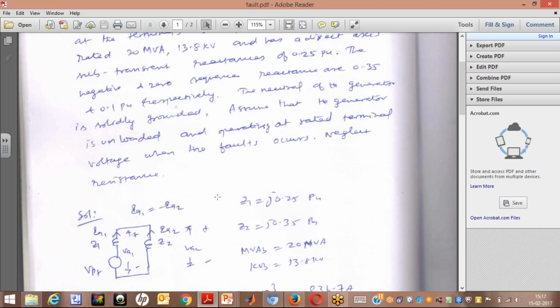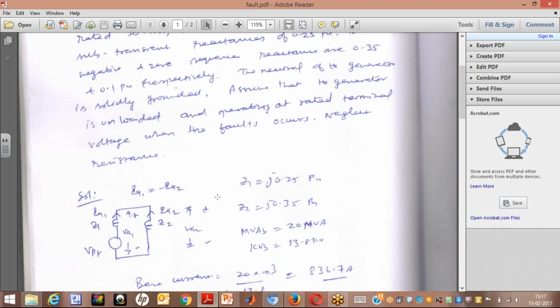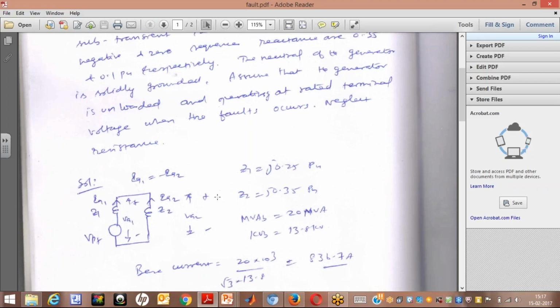I think you might remember that the sequence networks for double line fault will be only positive and negative sequence. For single line to ground fault, all the sequence networks, positive, negative, and zero sequence networks will be connected in series. For double line fault, positive and negative sequence networks will be connected in parallel.